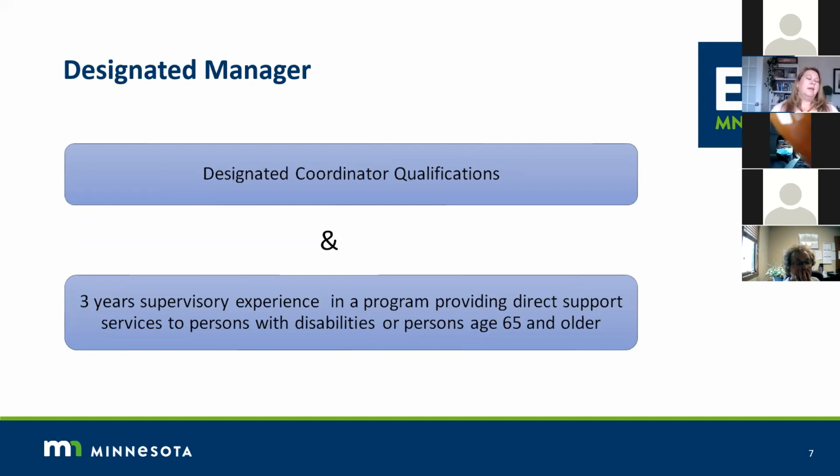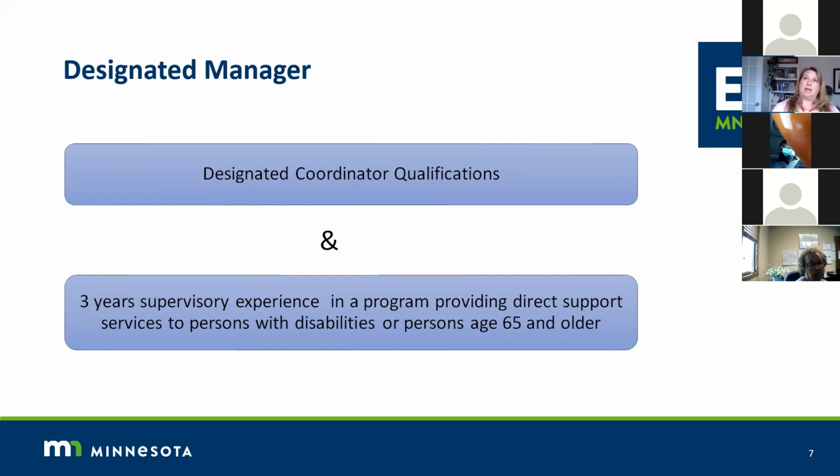So every organization needs to have a DC and a DM, and it could be the same person that meets both and does both functions. It could be you have 10 DCs out there and 1 DM overseeing them. It can be structured any way. You could contract for that service out, or maybe it's a part-time staff.